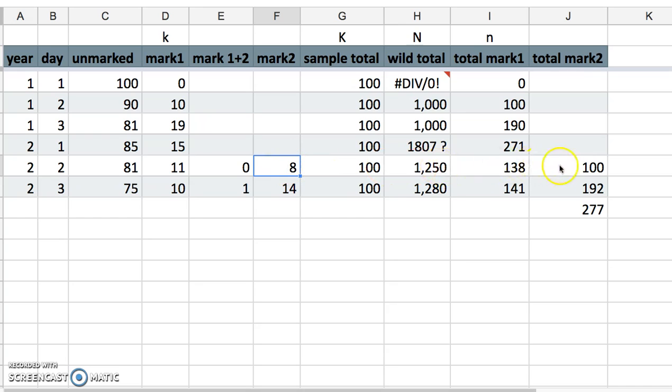So the 100 minnows with the new mark in the wild divided by the 8% in my sample gives me a total population of 1,250. Oh, this is good. This is healthy. It looks like the minnow population is increasing.